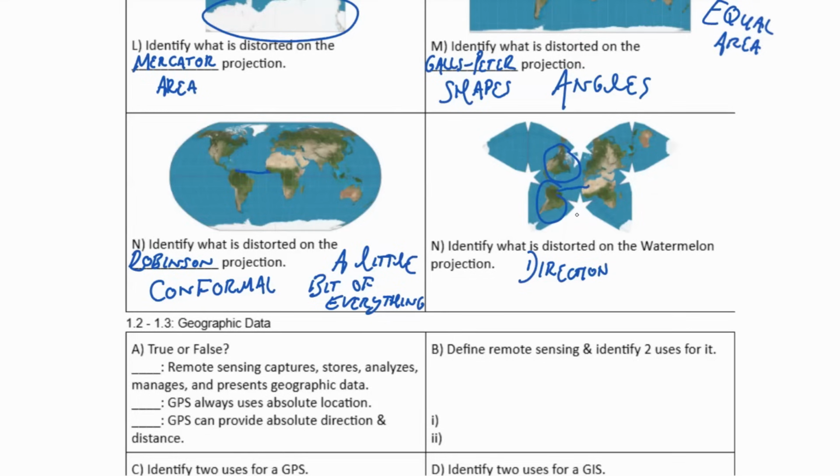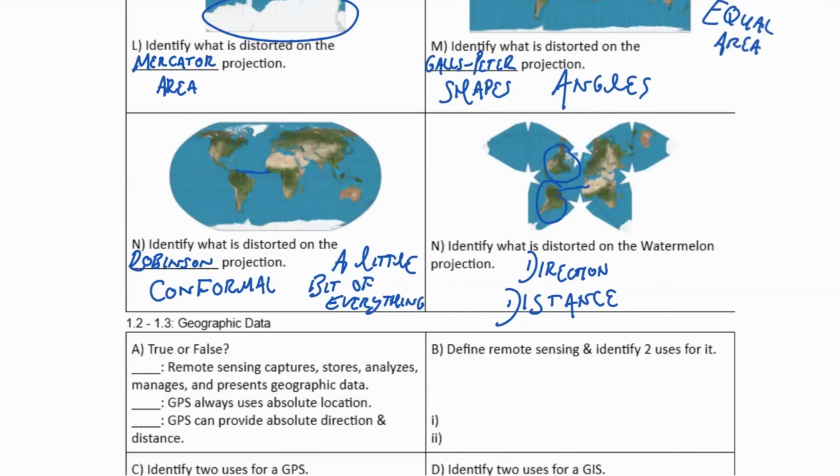The other characteristic that's distorted is distance as well. And I think that's another pretty clear one. You don't have to know the distances between Australia and North America, but distance is clearly distorted here. Not so much in the middle, but a lot more on the exterior of the watermelon projection. I thought this was just a cool projection to show you and to stress you out a little bit.